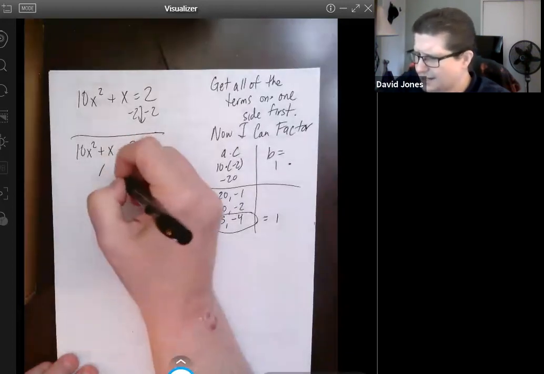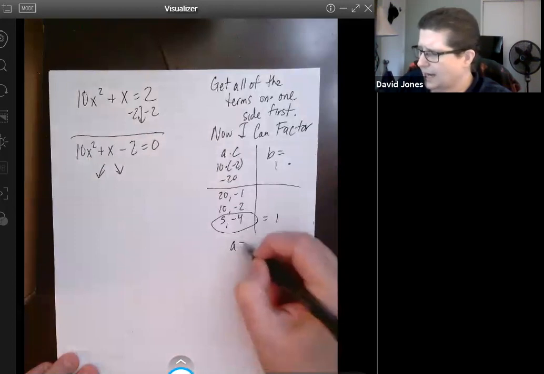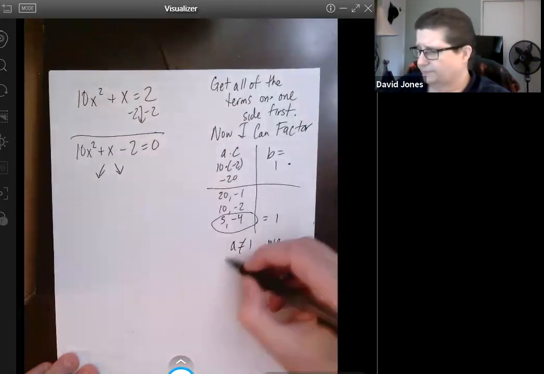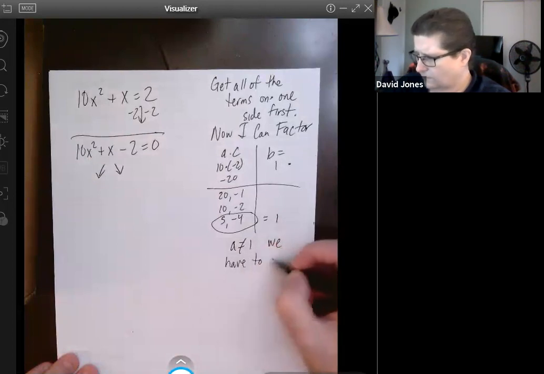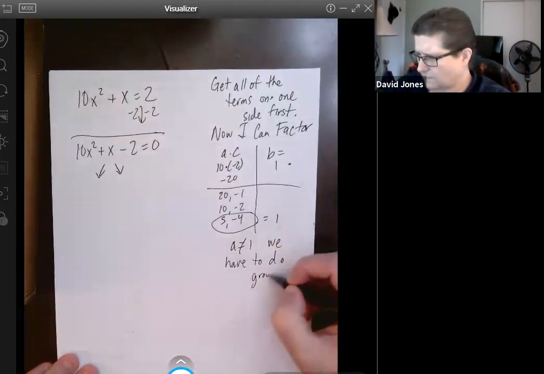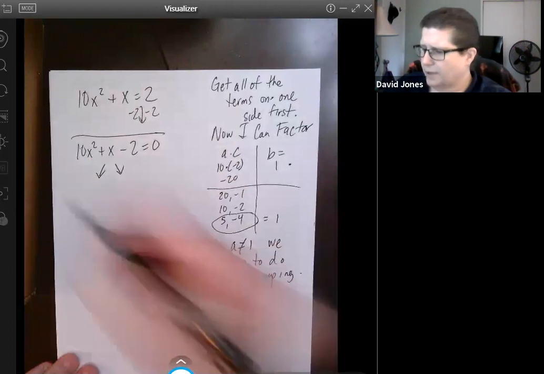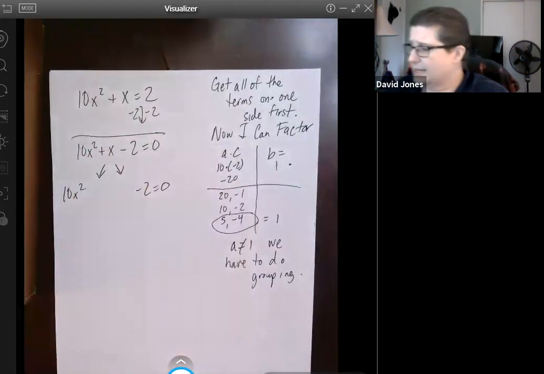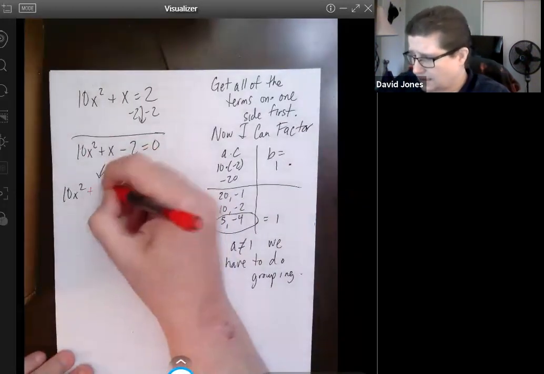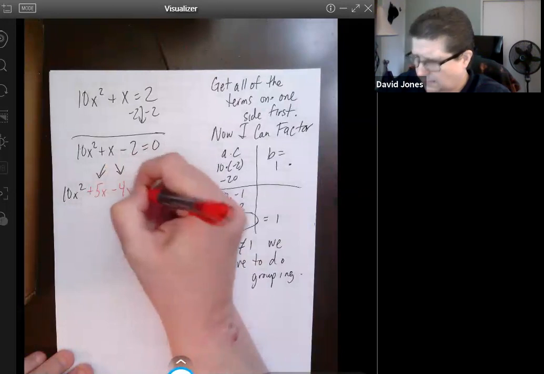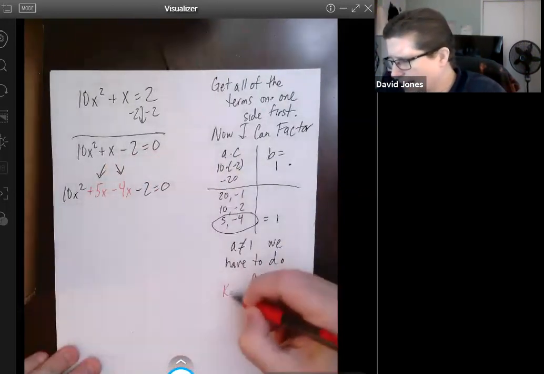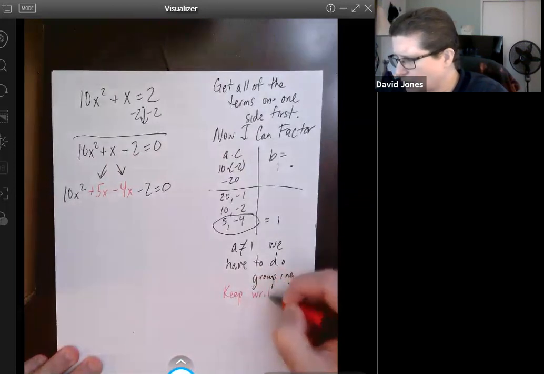Since a does not equal 1, we have to do grouping. So I'm going to split that x up into 5x and -4x. Keep writing the equals 0 part.